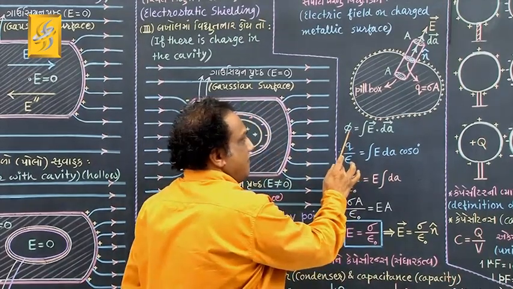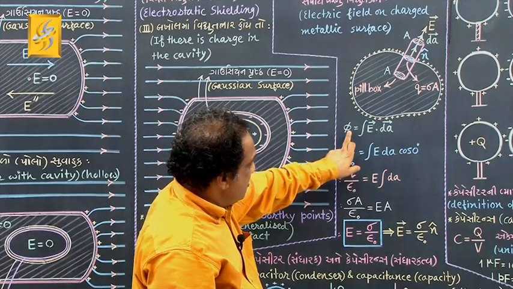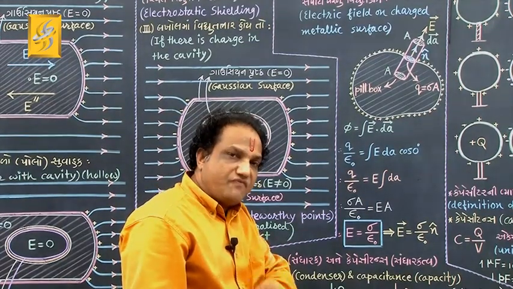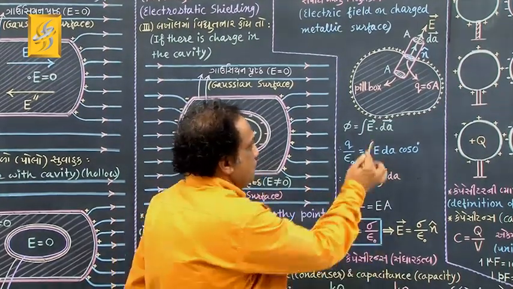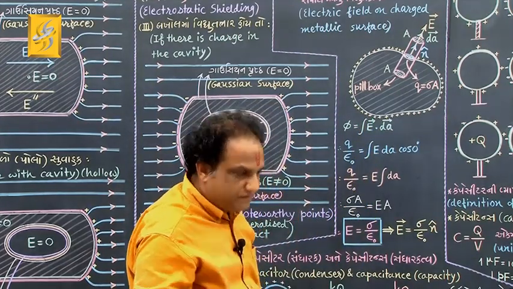Let it be phi. And in chapter number 1, you were taught how to find electric flux linked with any surface: just by finding the surface integration of electric field over that surface. So surface integration of electric field will give you electric flux.